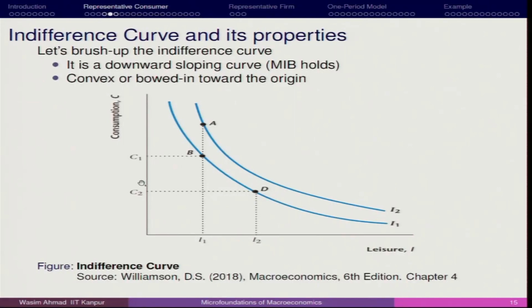If you have two bundles here, and you are going to exchange C1 minus C2 and I2 minus I1 in this setup, then you will either be consuming more of one and less of two, but you will be moving only on this particular line, and at any point on this line you will have the same level of utility. You will just be consuming more of one and less of another, but utility remains the same on this particular line, right.